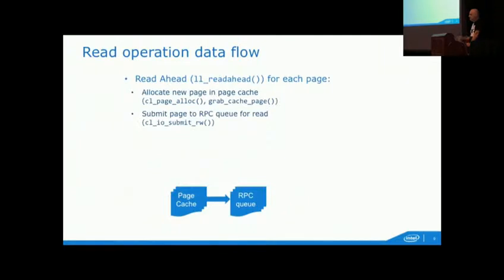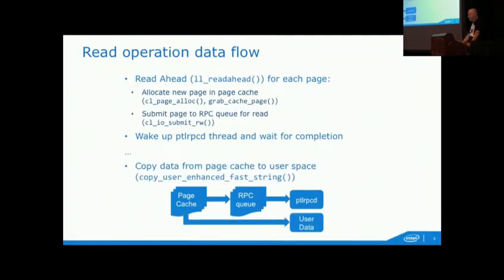Then we submit this list of pages into the RPC queue, wake up the ptlrpc layer, and wait until the data is filled from the server. After all the data is on our client side, we copy this data to user space and return control to the user.